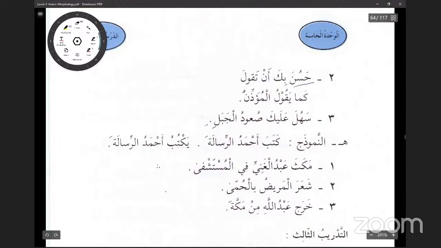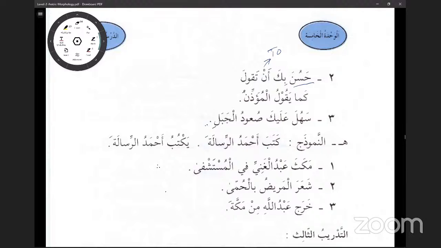It was good for you. Hasuna is it was. So it was good for you that you said, as the mu'adhin said. Very good. So it was good for you to say, as the mu'adhin says. Very good. Jazakallah khair, ya akhi.